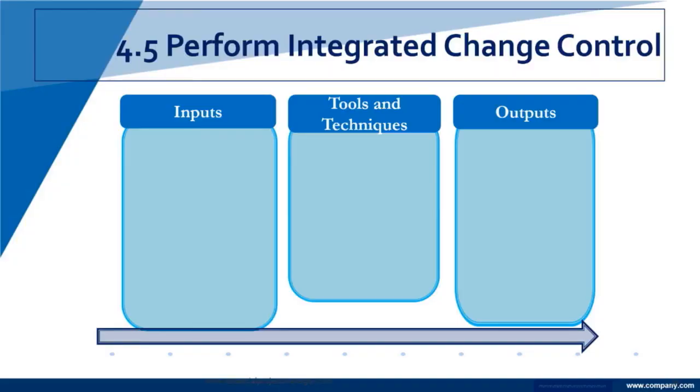Our next process that we have is Perform Integrated Change Control. Now, here we have the inputs of the project management plan, work performance reports, change requests. Since we're doing change control and we're talking about integrated change control, that means that we're getting people who are reporting the things that need to be adapted. As we learn more, we change things.